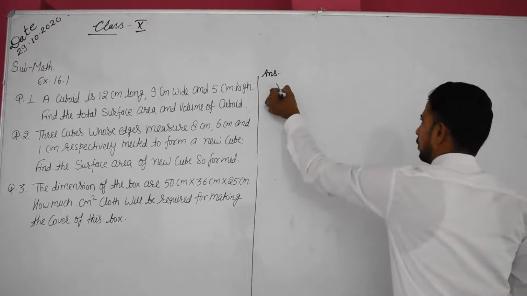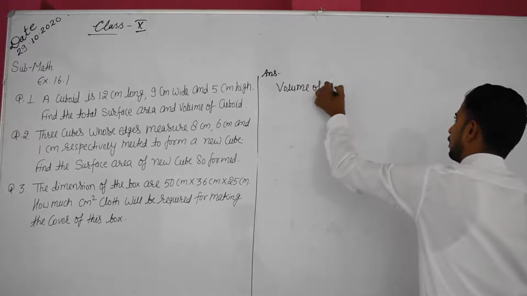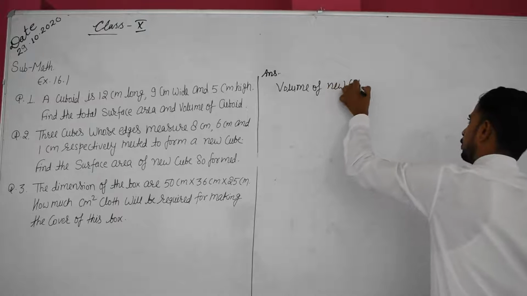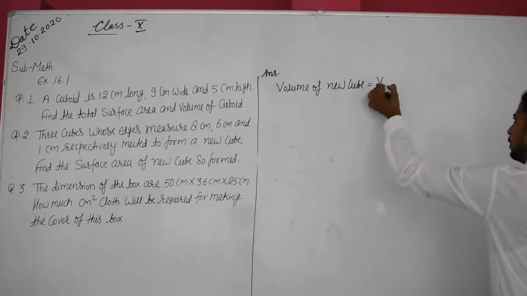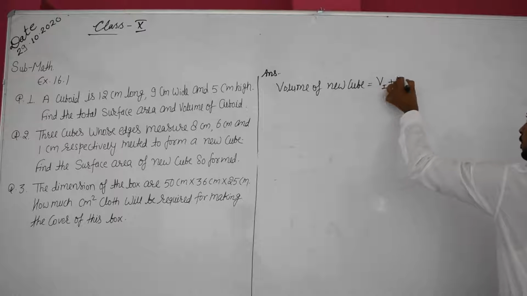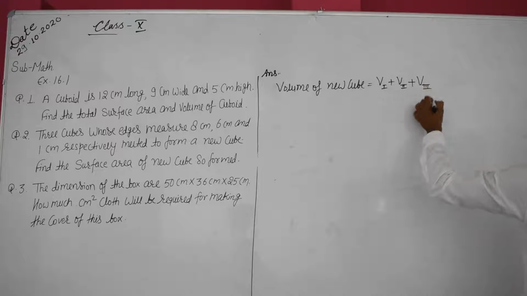Then volume of new cube is equal to volume of first cube plus volume of second cube plus volume of third cube.